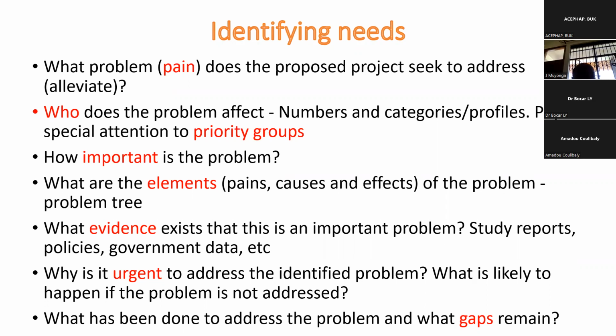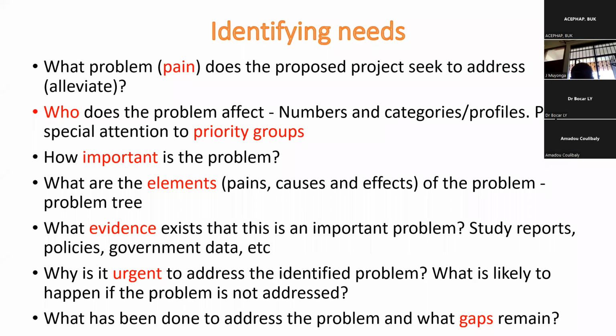Then indicate that the problem is urgent, because there are many problems, but possibly some are not very urgent. So if it's not urgent, it can be shelved, but try to highlight the urgency. And this has to be based on facts, on literature, on documented information.